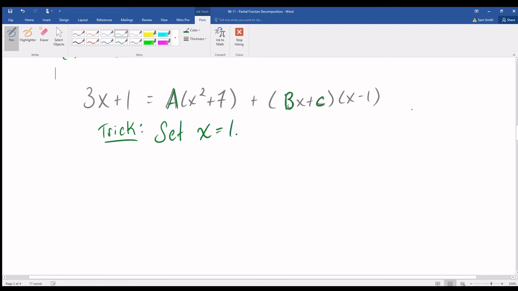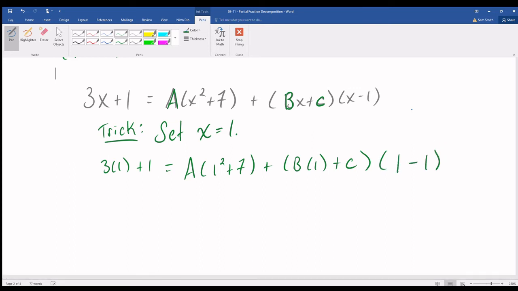Let's see what happens if we do this. Set x equals 1 so that I have 3 times 1 plus 1, a times 1 squared plus 7, b times 1 plus c, and 1 minus 1.